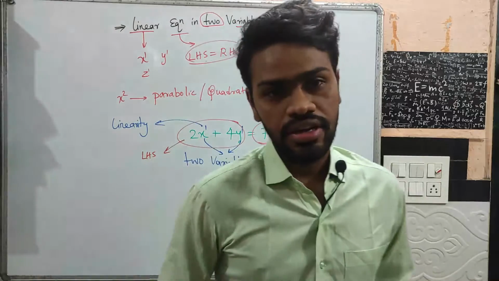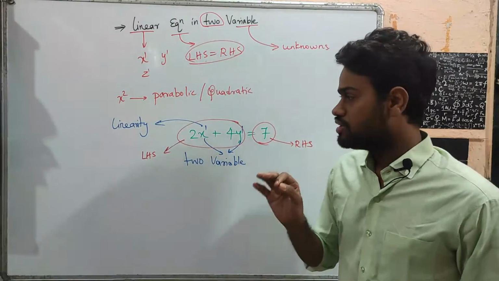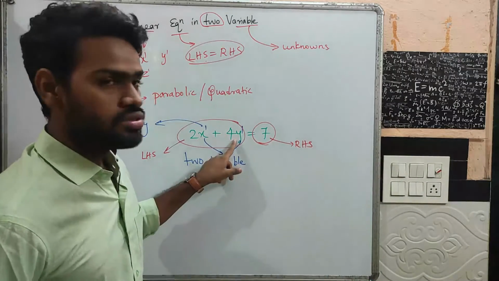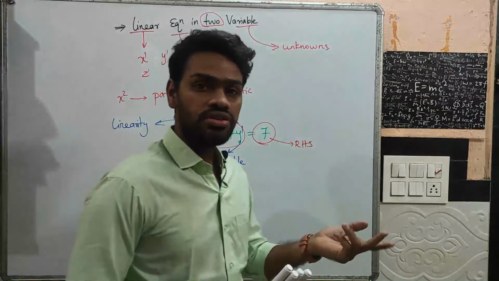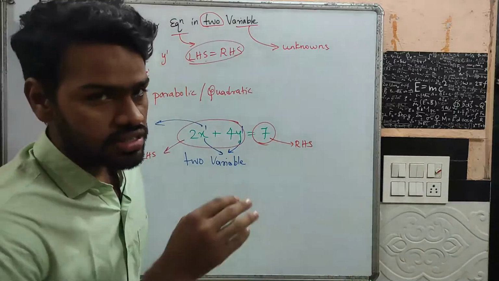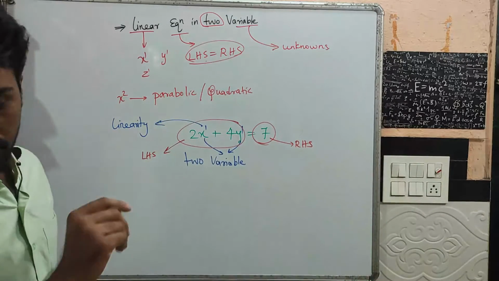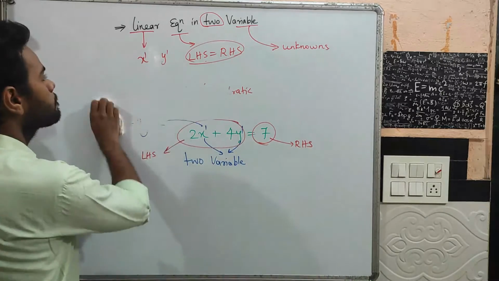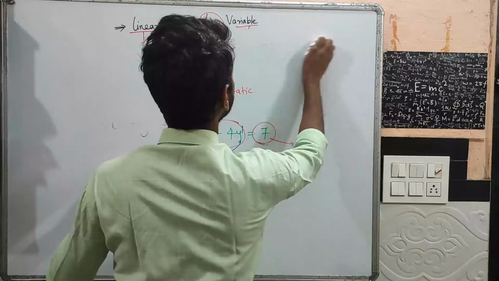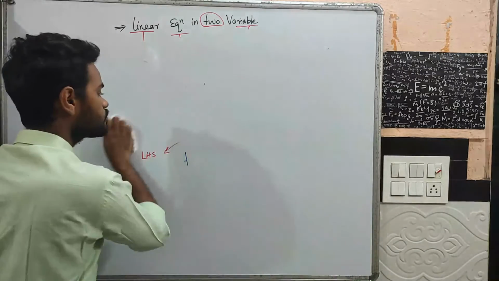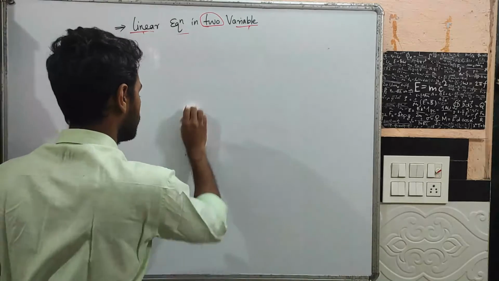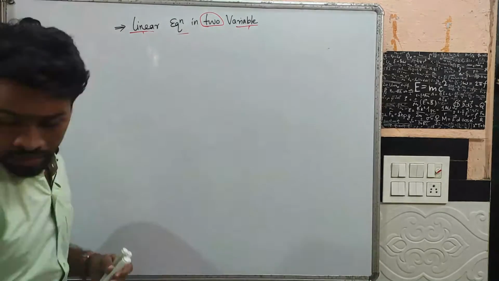But we know that for solving one unknown we need one equation, and here we have two unknowns, so we need two equations to solve the question. So let us discuss a question on this topic.